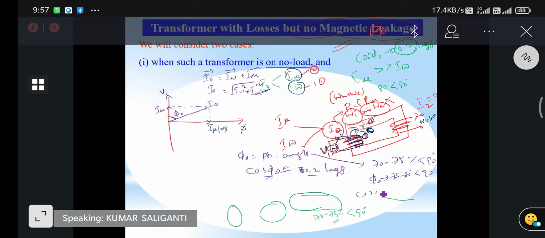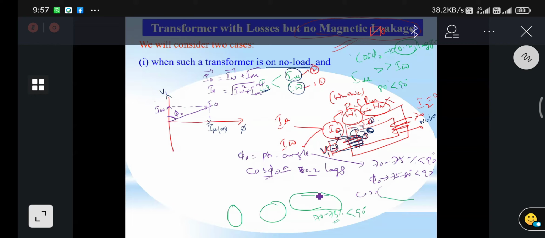Cos 90 is actually 0. But cos 75 or cos 80 is approximately 0.2 lagging. So this is the no load power factor, a very, very low value.